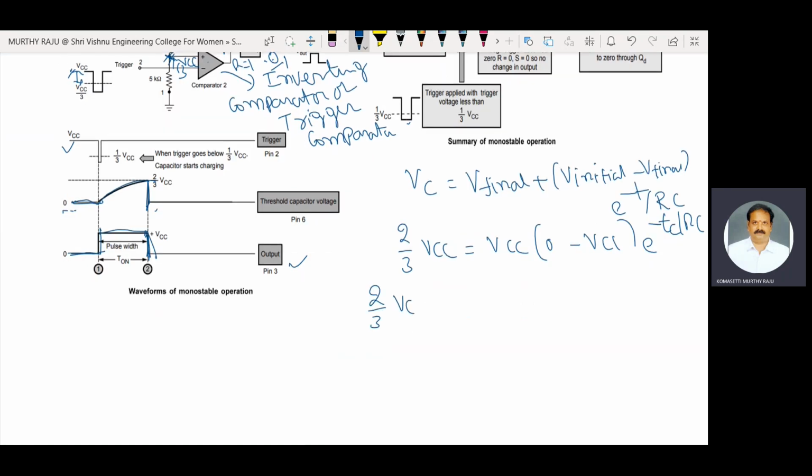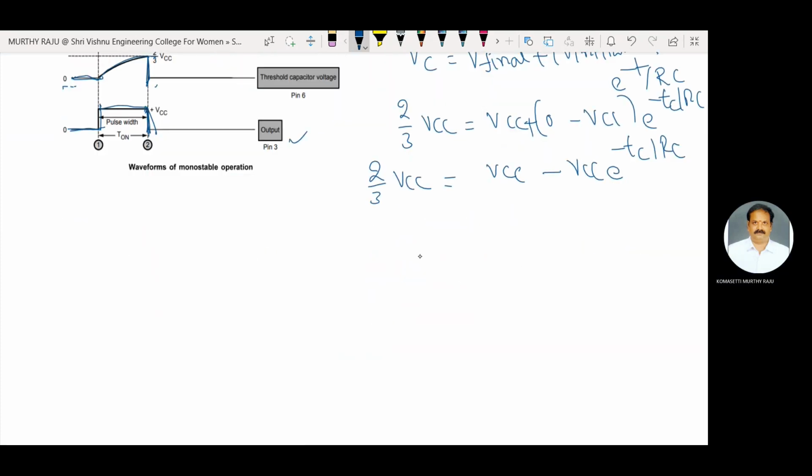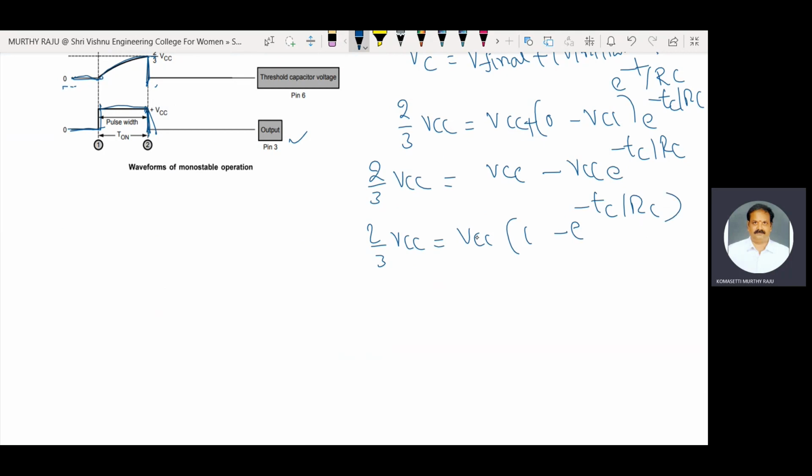Therefore, 2/3 VCC is equal to VCC minus VCC into e power minus TC by RC, that is, VCC into (1 minus e power minus TC by RC).